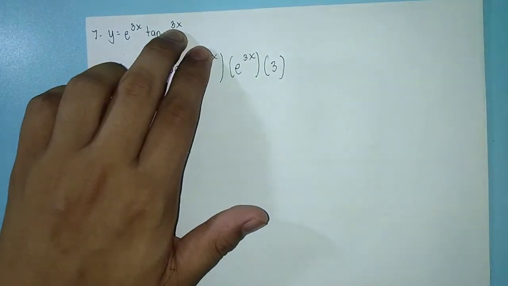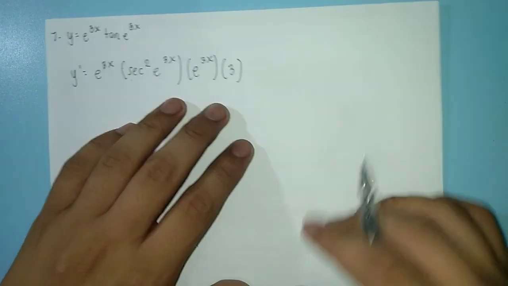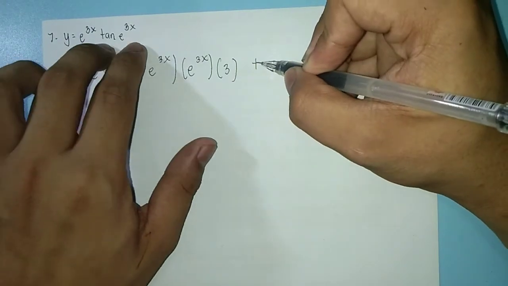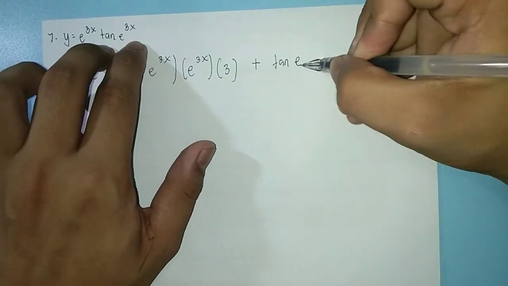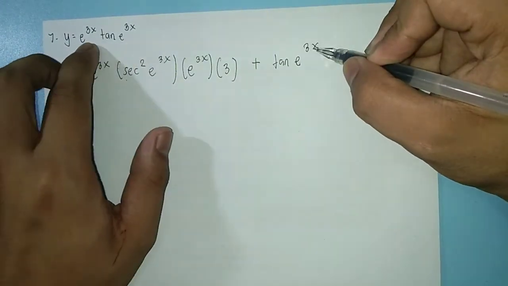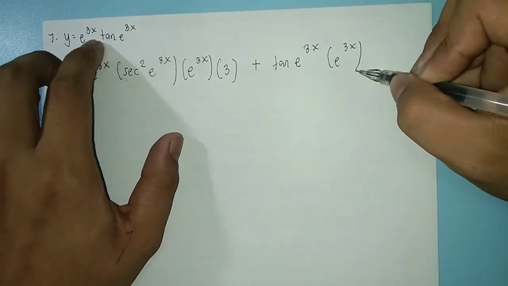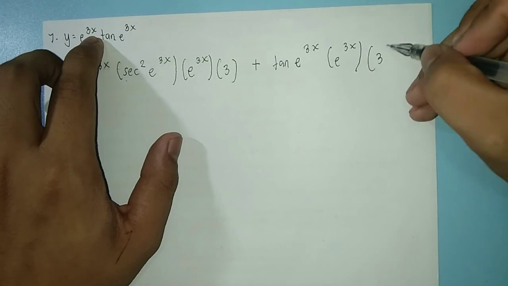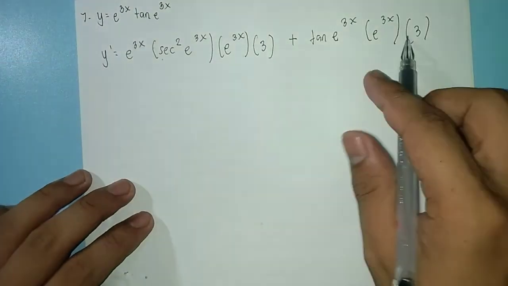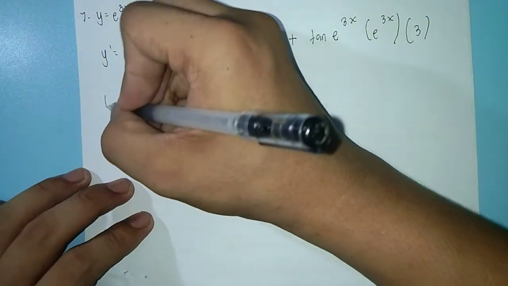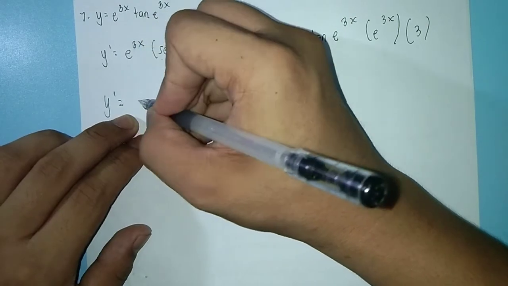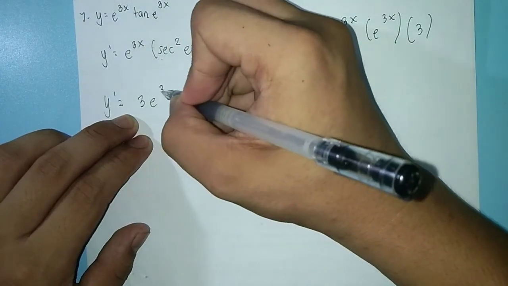So, ano yung derivative ng 3x? That is 3. Okay? Plus, ito naman yung kokopyahin, yung tangent e raised to 3x, tapos derivative ng e raised to 3x. So, that is e raised to 3x, derivative ng 3x, that is 3. So, factor out na lang natin to para mas maganda. So, magiging 3 e raised to 3x.